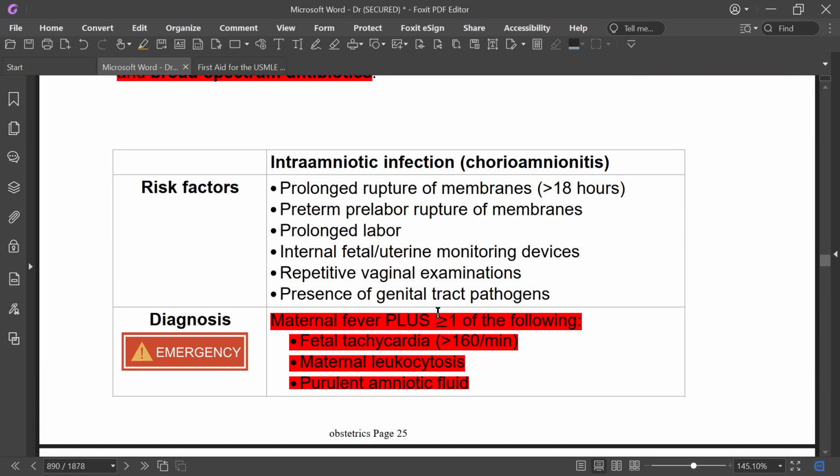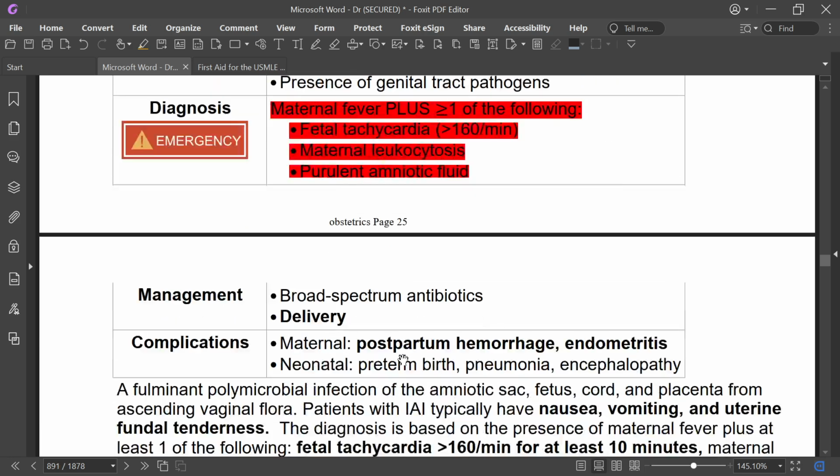Risk factors include prolonged rupture of the membrane more than 18 hours, preterm prolonged rupture of the membrane, prolonged labor, internal fetal or uterine monitoring device, repetitive vaginal examination, and presence of genital tract pathogens. Diagnosis is maternal fever plus one of the following: fetal tachycardia, maternal leukocytosis, and purulent amniotic fluid.